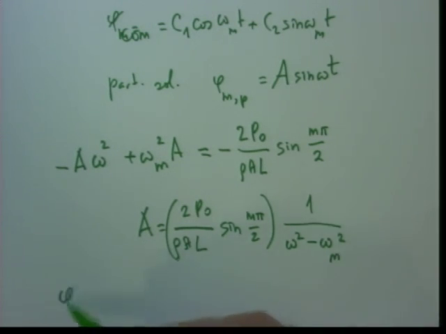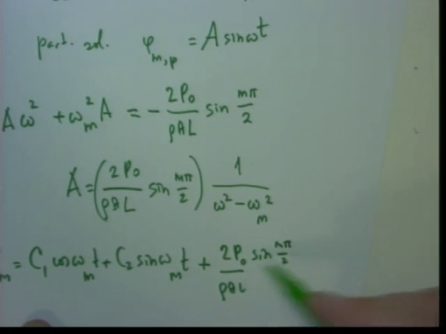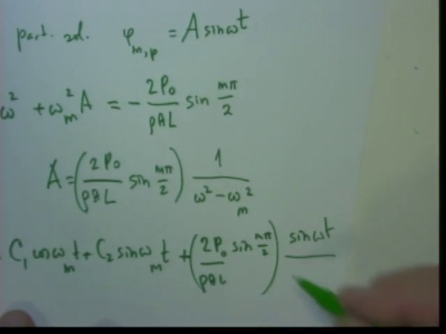So then phi sub m equals C1 cosine omega_m t plus C2 sine omega sub m t plus 2 p0 sine m pi over 2 over rho A L, sine, okay, because A times sine omega t divided by omega squared minus omega_m squared.